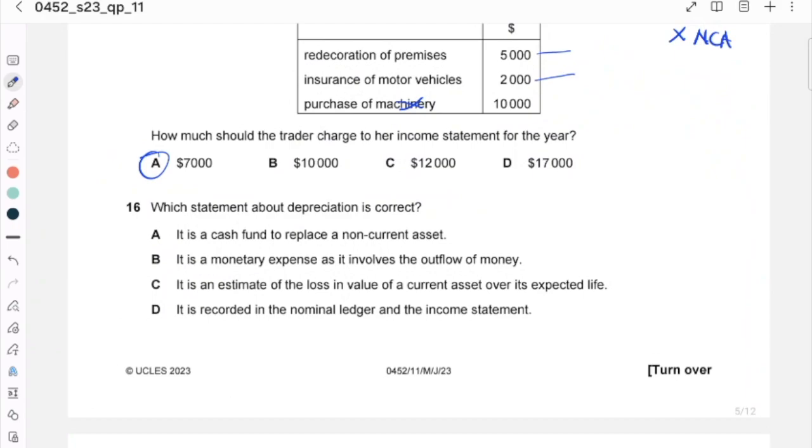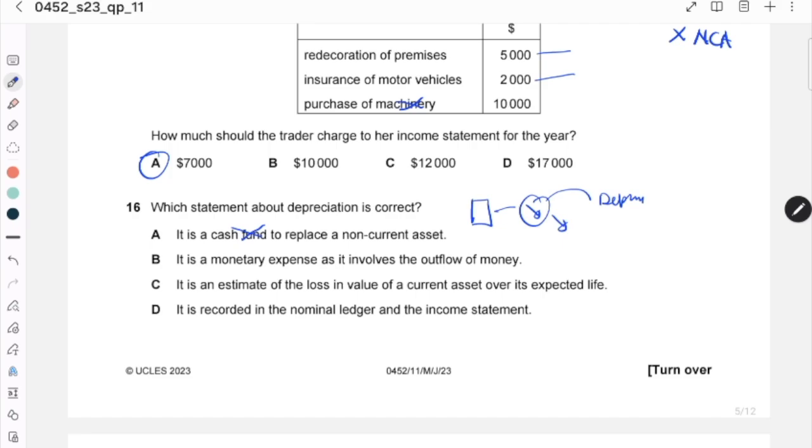Number 16, the question is which statement about depreciation is correct? Number A, cash fund to be replaced on non-current asset, is not correct, because with depreciation, if you have a non-current asset, the value will decrease every year, and the decrease every year they put into depreciation.